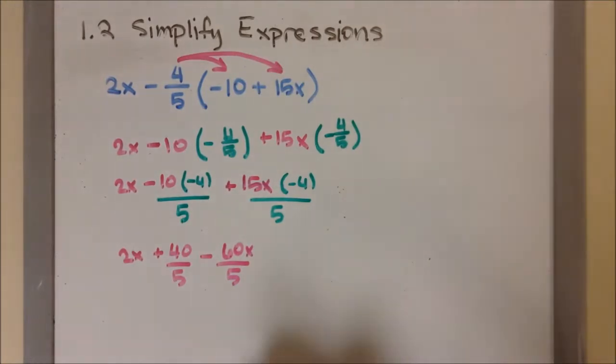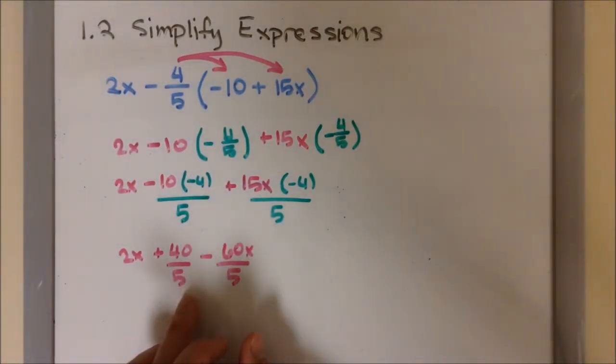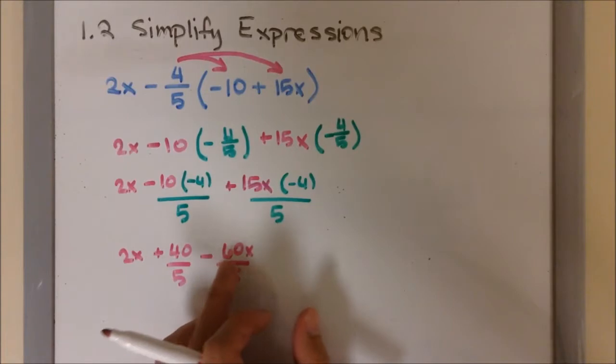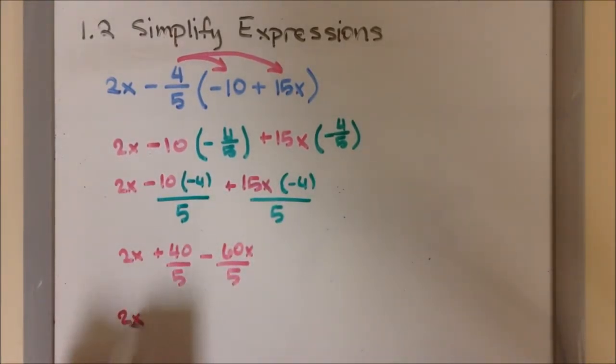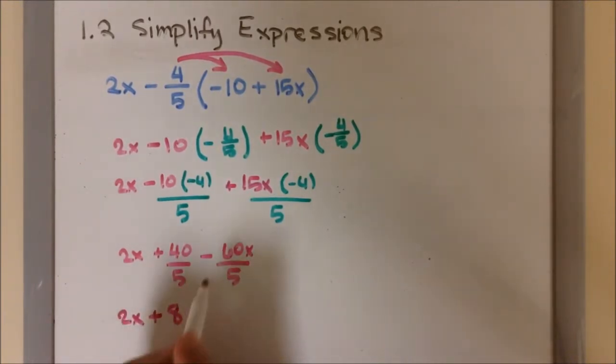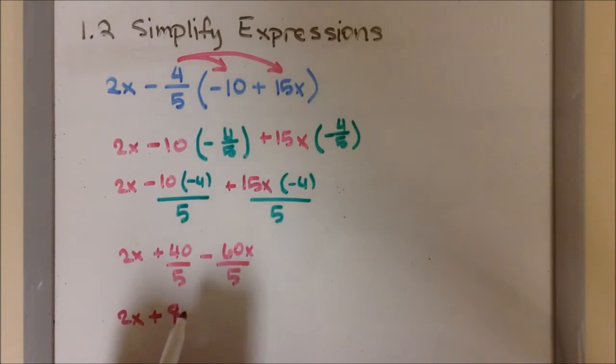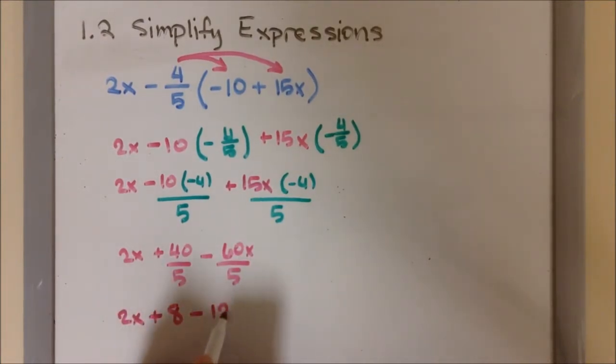Alright, I can still simplify the fraction because 40 can be divided by 5 and negative 60x can be divided by 5. So what I'm going to have is 2x. 40 divided by 5, that's going to be a positive 8. Negative 60x divided by 5, that becomes negative 12x.